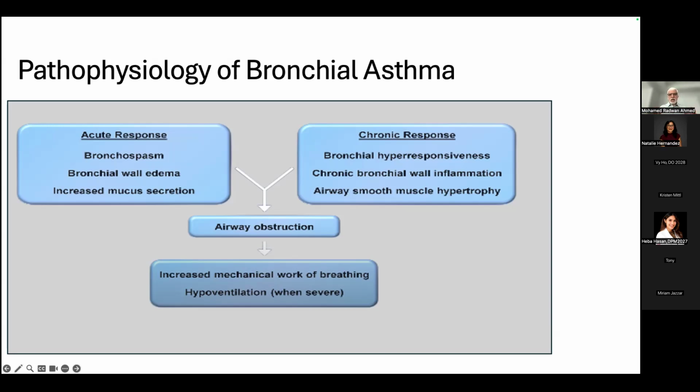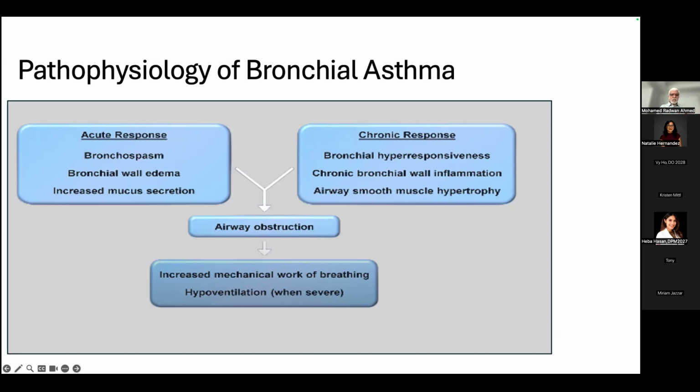So this patient ultimately will end with hypoventilation, and hypoventilation means less oxygen, more carbon dioxide retention, and respiratory problems up to respiratory failure. So in status asthmaticus or in the severe case.